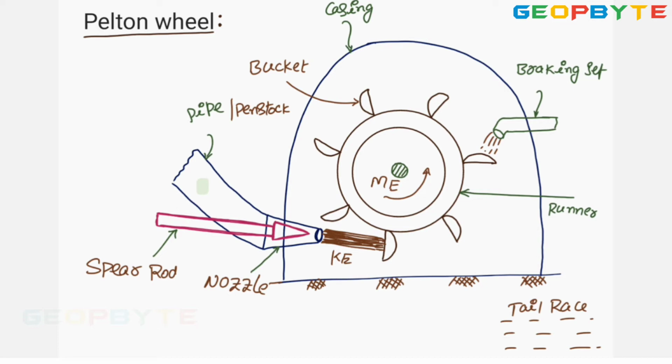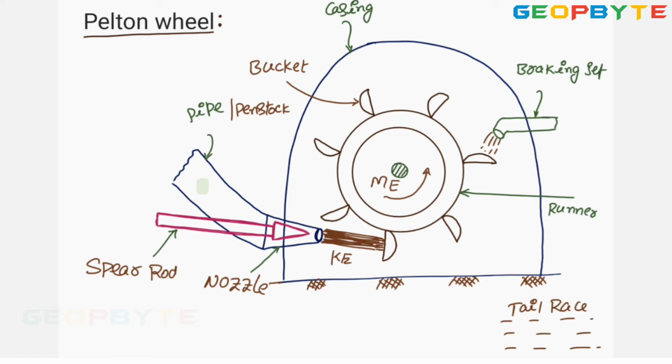Now come to the spear rod. You know, the load which is acting on the turbine is not constant. Sometimes the load acting on the turbine may be very high, and sometimes very low. Remember, whenever the load on the turbine is more, the turbine speed decreases.